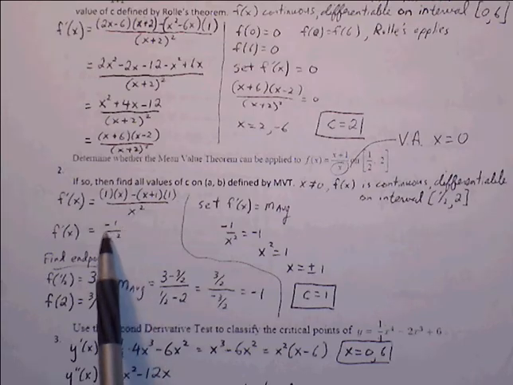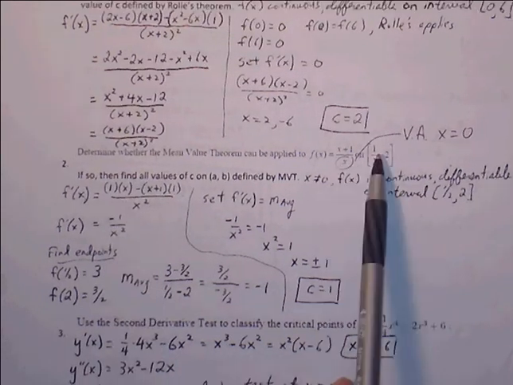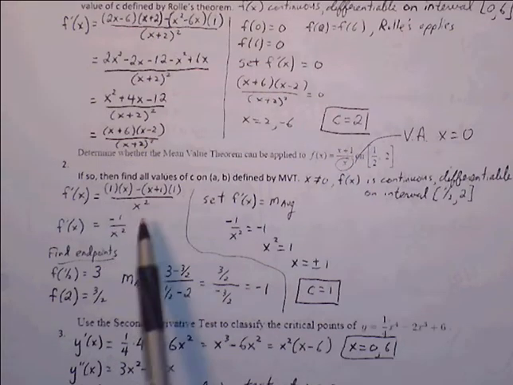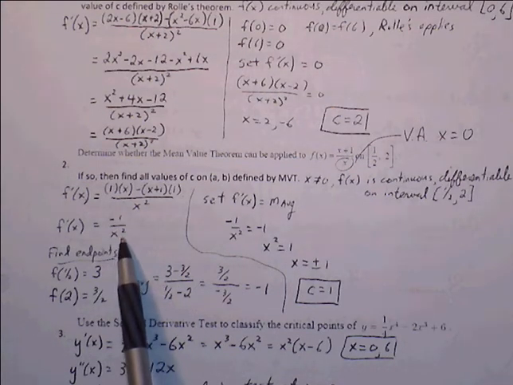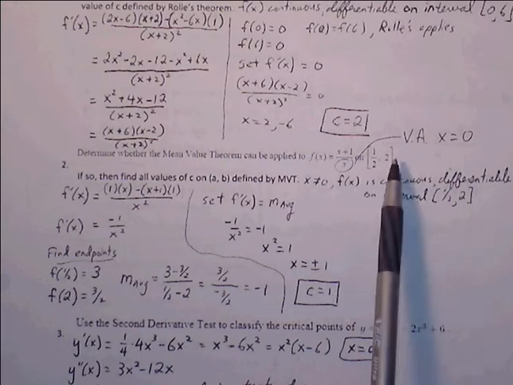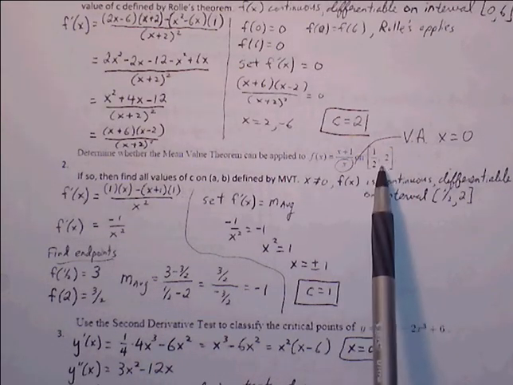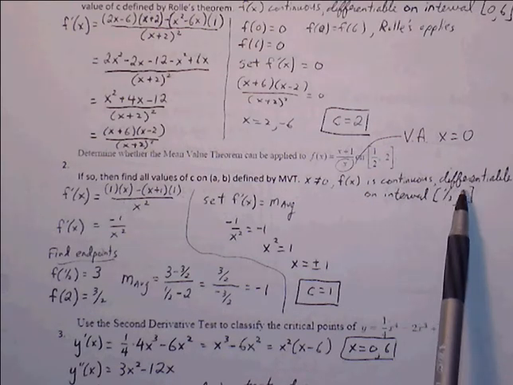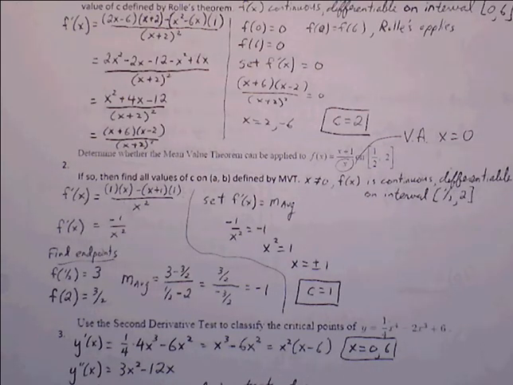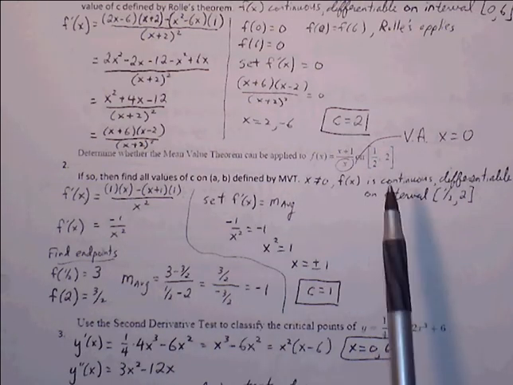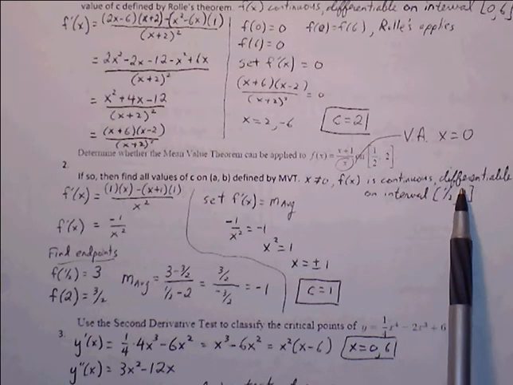The only place where the slope is undefined is at x equals 0, which also happens to be the point where there's a vertical asymptote. Both of these occur at x equals 0, and x equals 0 falls outside the interval. So it does not affect our function being continuous or differentiable on the closed and open interval. So we have confirmed that the function is continuous and differentiable.